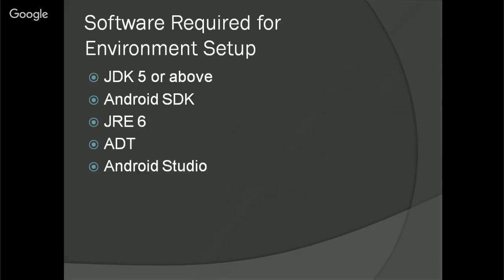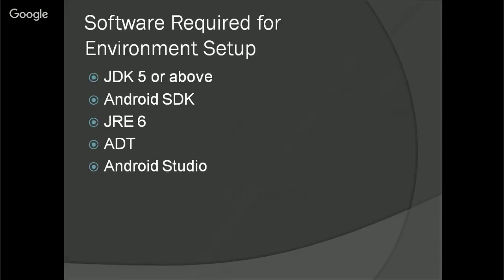Moving forward, let's have a look at the requirements of development, or what environment setup is essential in order to develop your application on your own system. Nevertheless, JDK 5 is one of the least requirements of Android application development.